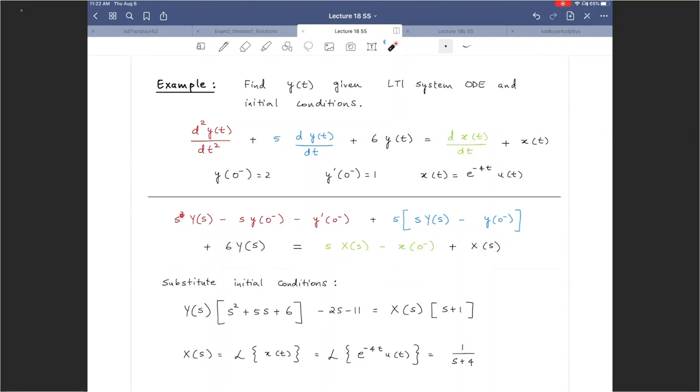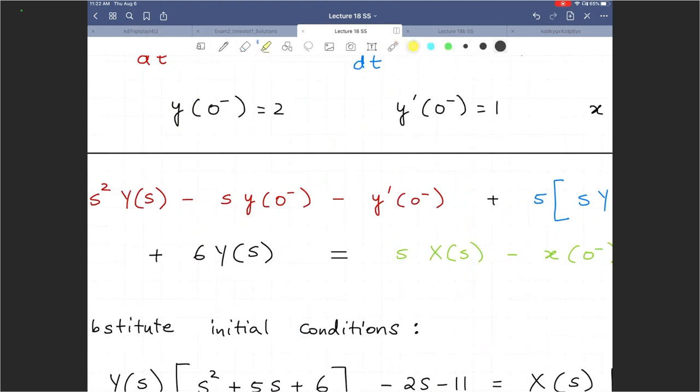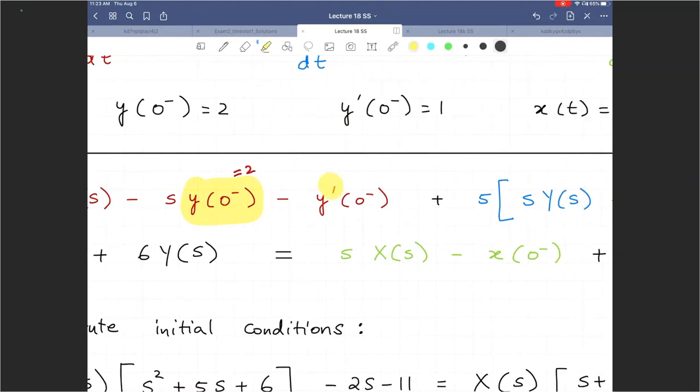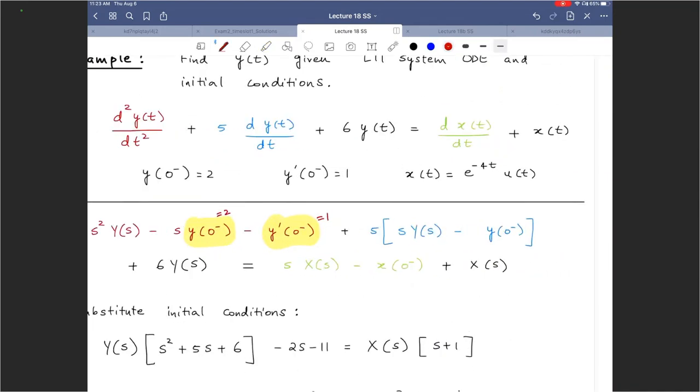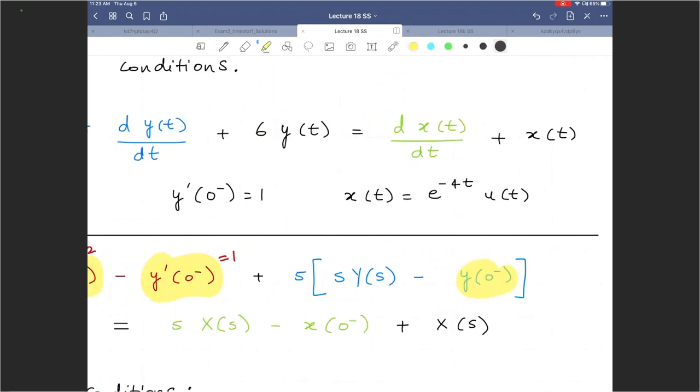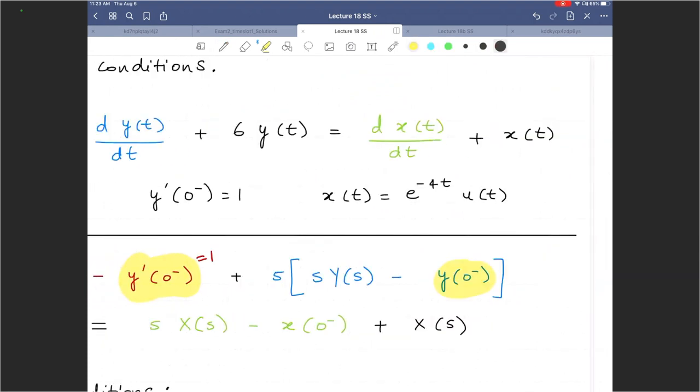Now, once we have this step, we are going to substitute the initial conditions. For example, this one becomes a 2, and this one becomes a 1, and this one is also a 2, right? Yes.